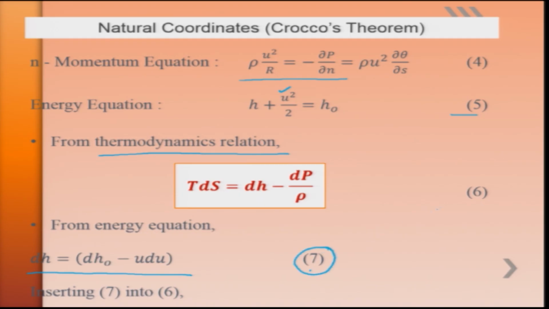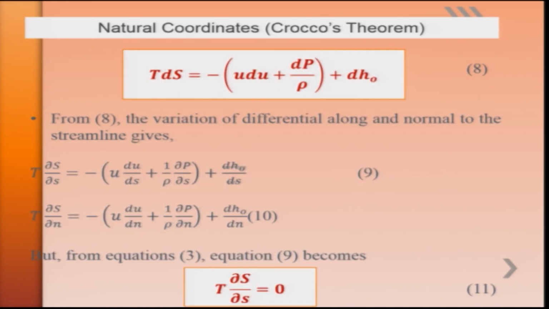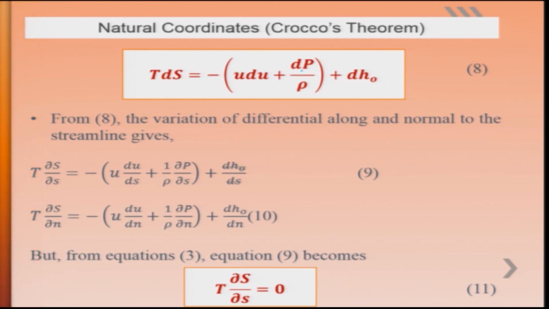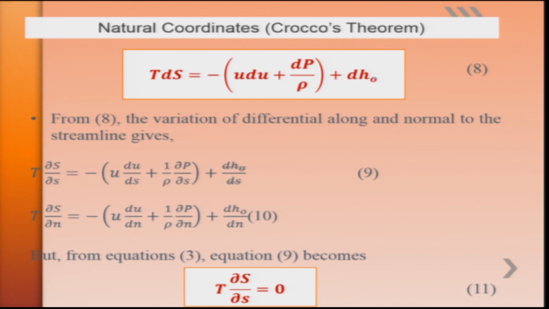Now 7 and 6, clubbing these two equations, give you T ds is equal to minus u du plus dP by rho plus dH naught; let us say this is 8.